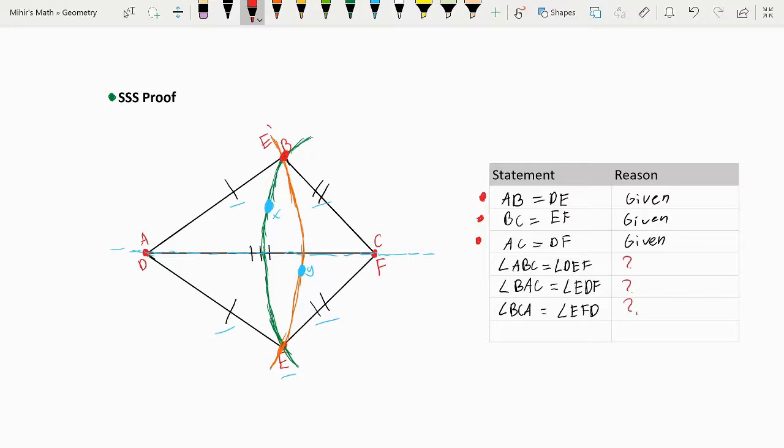So that would be E prime, this would be D prime, and this would be F prime.